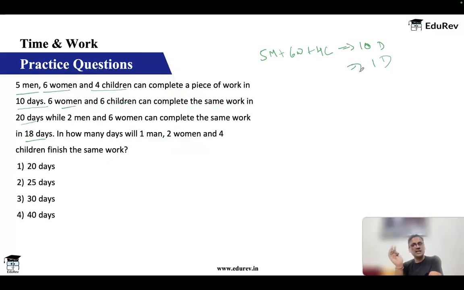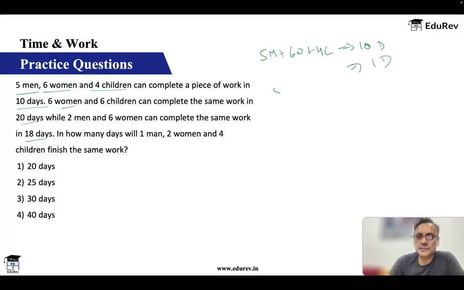I should make my team 10 times bigger. So whatever my team is, if I make it 10 times, then the number of days required will become 1 by 10. So 10 into 1 by 10 means one day. We discussed that in the concepts, right? If my team becomes 10 times, my days required will become 1/10. So let's increase the whole team 10 times.